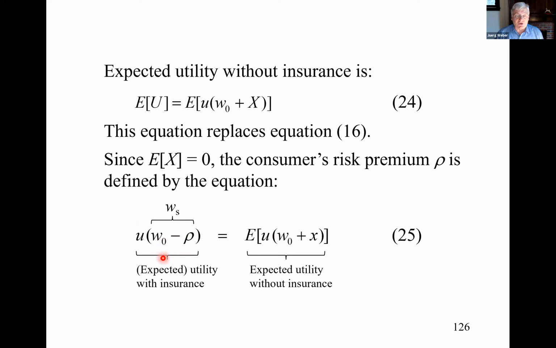It's only first order because this risk premium will be quite small relative to wealth. So a first order approximation is okay. Now, the loss really can be as big as the wealth. You can be totally wiped out. So on the right side, we take a second order approximation.